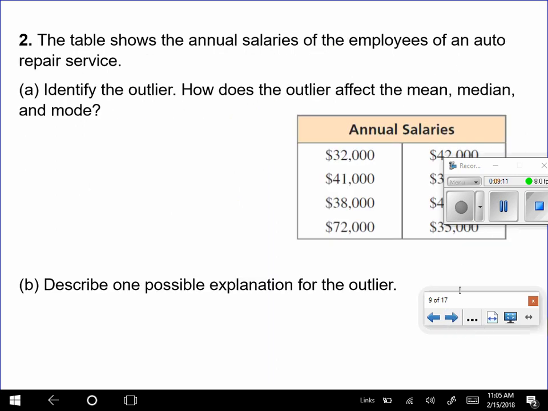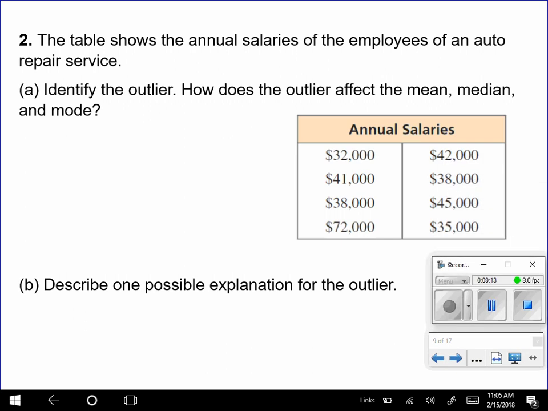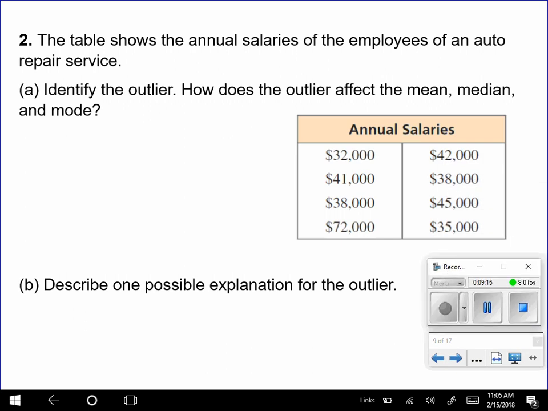All right, we're running out of time here, so I want to make sure that we finish up in the next couple minutes. This table shows the annual salaries of employees of an auto repair service. It says, identify the outlier. How does the outlier affect the mean, median, and mode? First of all, just identify the outlier, because that is going to help us greatly.